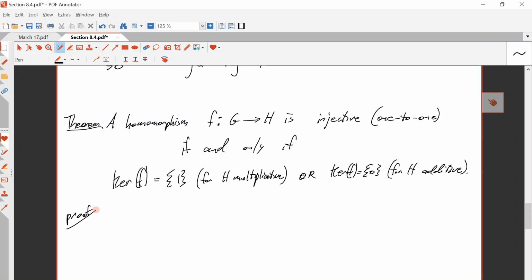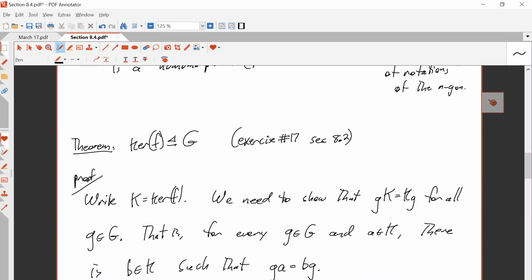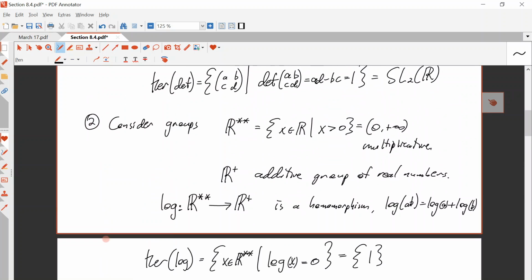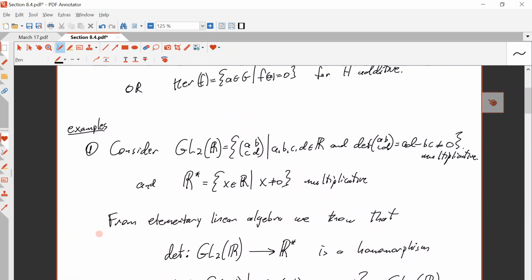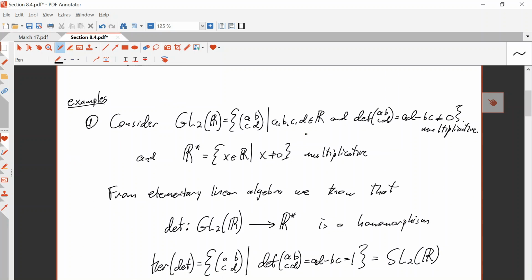Proof. So, for example, injective homomorphism. Look at those ones that we were just talking about. Here we are. So the determinant homomorphism from GL2 to R star. Of course, two very different matrices can have the same determinant, right? And lots of different matrices can have determinant equal to 1, right?